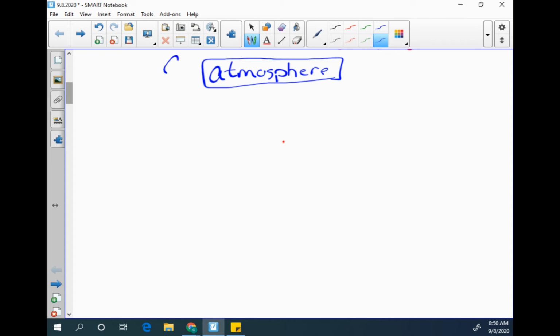Usually that is CO2 or carbon dioxide. Carbon dioxide: one carbon, two oxygens. And there are a bunch of different ways that carbon can get released into the atmosphere as CO2. So I'm going to start down here with sedimentary rock.